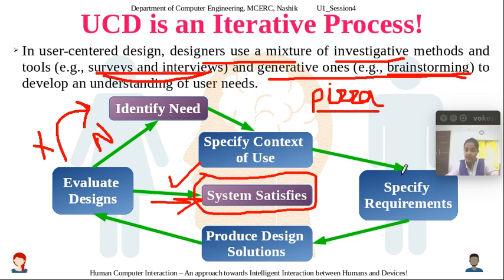They will again ask their users what exactly they want. They will again produce the design solution, produce some pizzas for their users. The users will again evaluate it against their requirements. If the requirements are fulfilled, then you can market that, your pizza will be ready to go to market. Otherwise you have to again employ that UCD approach, an iterative design process.